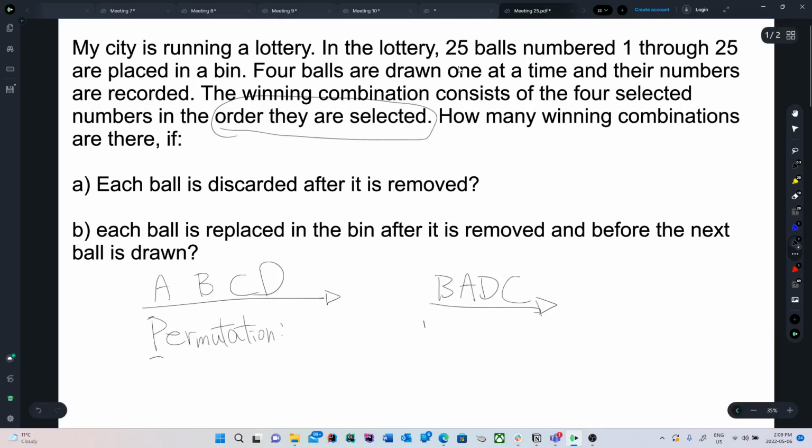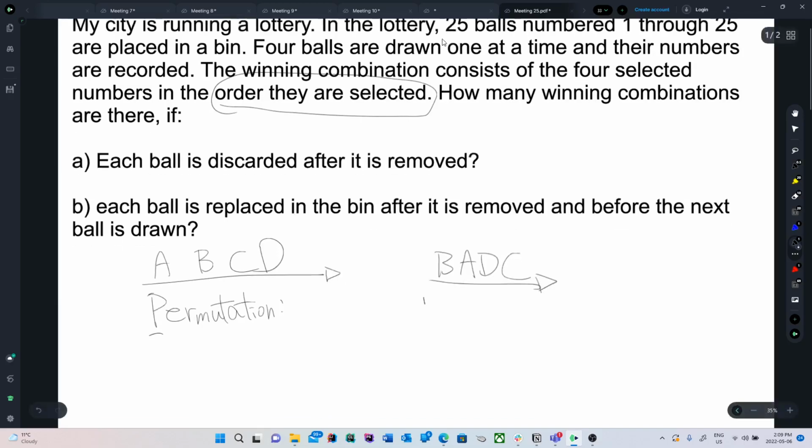Permutation is, as I mentioned before, selecting a certain amount of items from a large group, without replacement, where we want to know the number of ways to choose all these items where the order does matter.